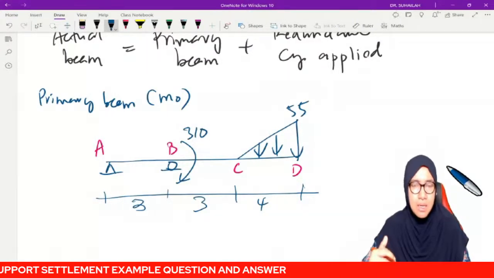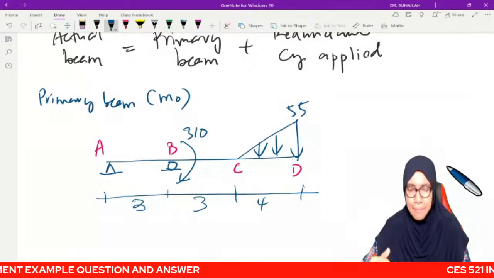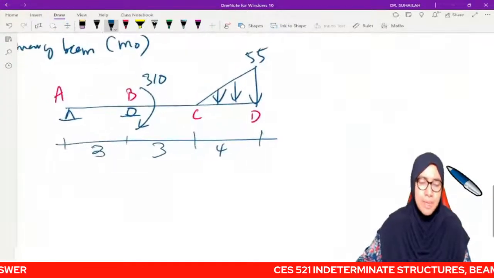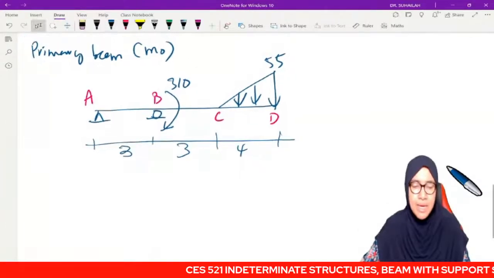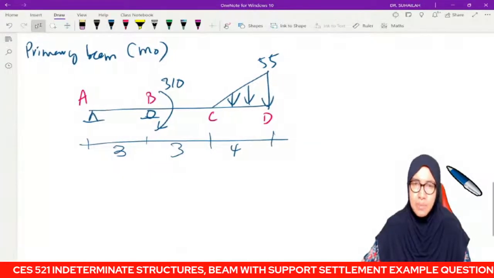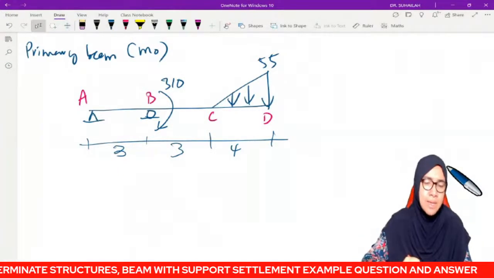This is the primary beam. So for this primary beam, we will calculate the reaction at the supports as usual.